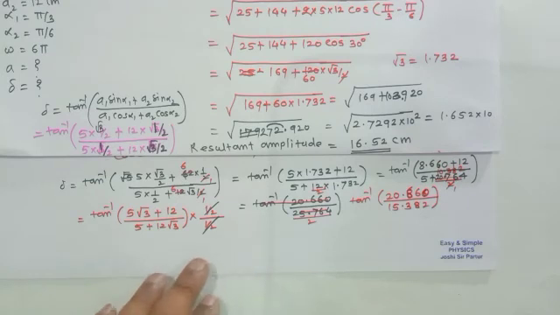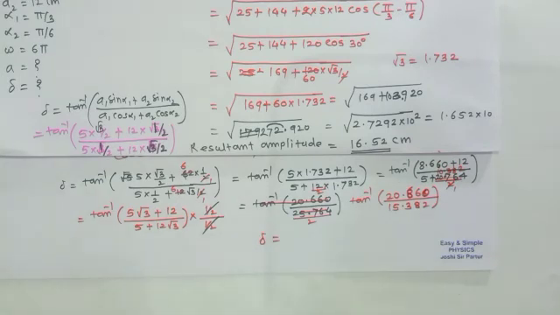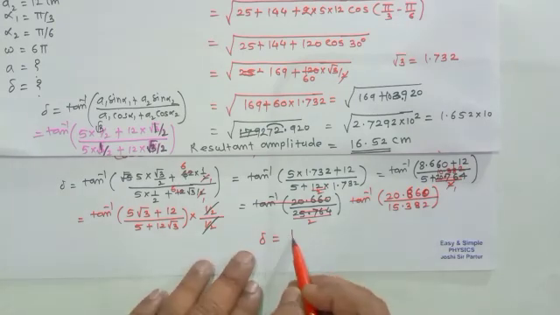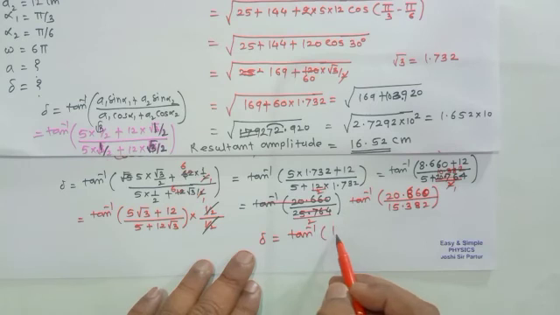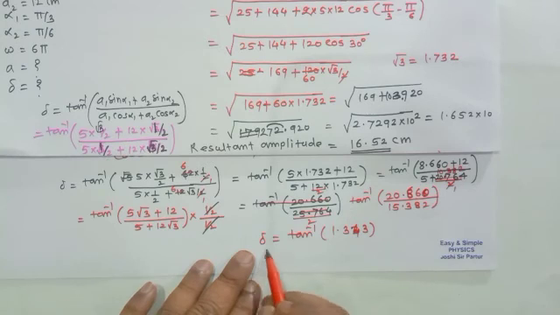By solving, delta is equal to tan inverse 1.343, and delta is equal to 53 degree 21 minute.